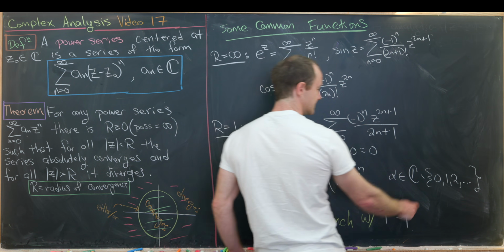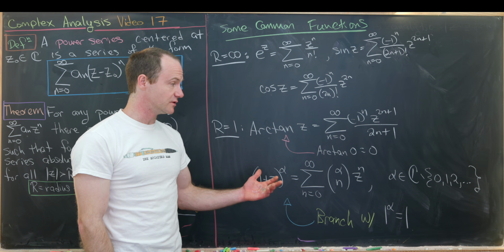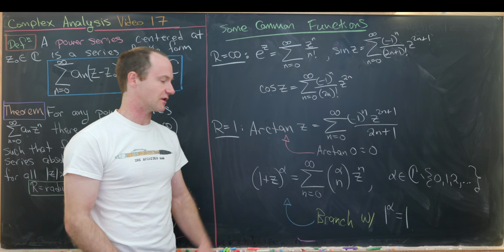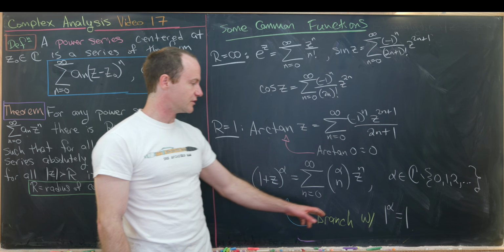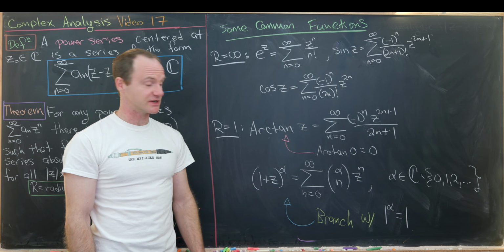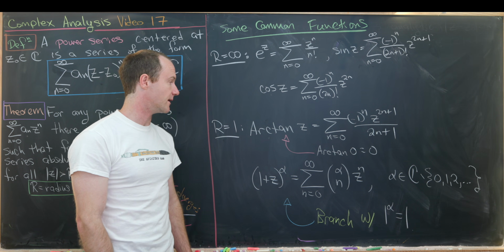So we've removed 0, 1, 2, 3, and so on and so forth. And we do that because in those cases, this is just a polynomial. And polynomials clearly have an infinite radius of convergence. Furthermore, for values of alpha which aren't integers, this thing has multiple branches, and so we'll take the branch where 1 to the alpha is equal to 1.